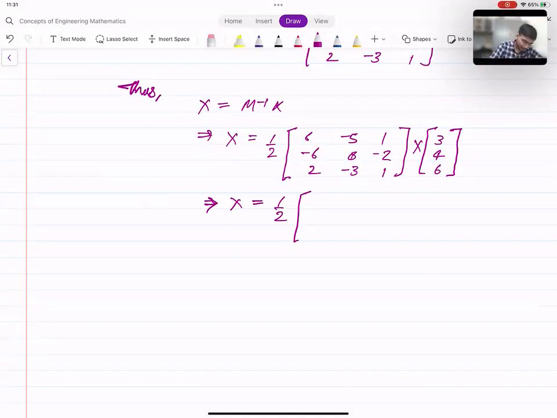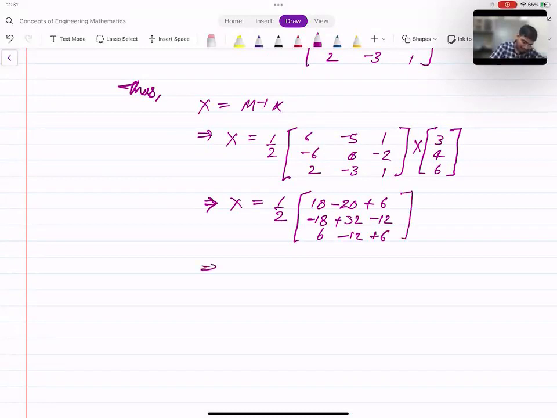So we have 18 minus 24 plus 12... as computed: 18 -20 plus 6, and here we have -18 plus 32 -12, and then we have 6 -12 plus 6.